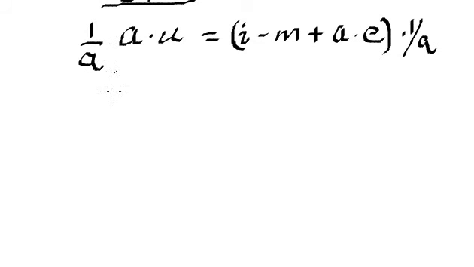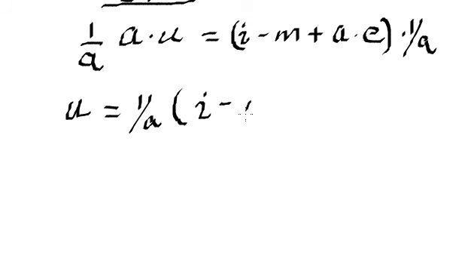So 1 over A times A is 1, so we're going to be left with U is equal to, and you know what, I'm going to take this 1 over A and bring it out here to the front. So this is 1 over A, and in parentheses I have an I minus an M plus A times E. And we're going to leave it just like that.